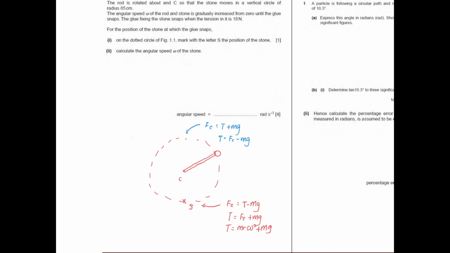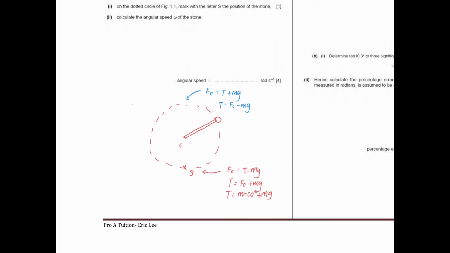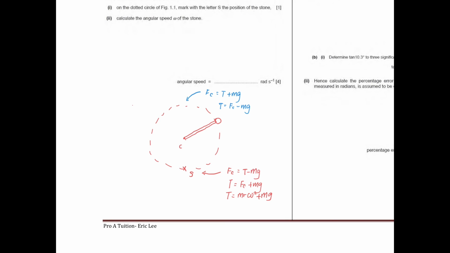Now let us just continue from the equation that we have here. The lower position is where the glue and the stone snaps. So at that point, the tension is 18. Substitute values.